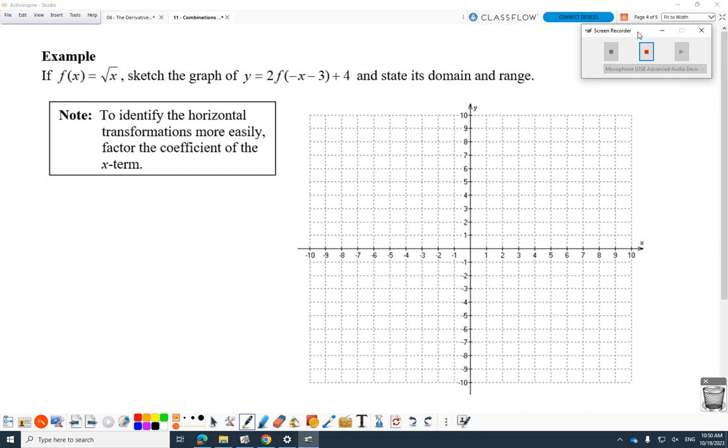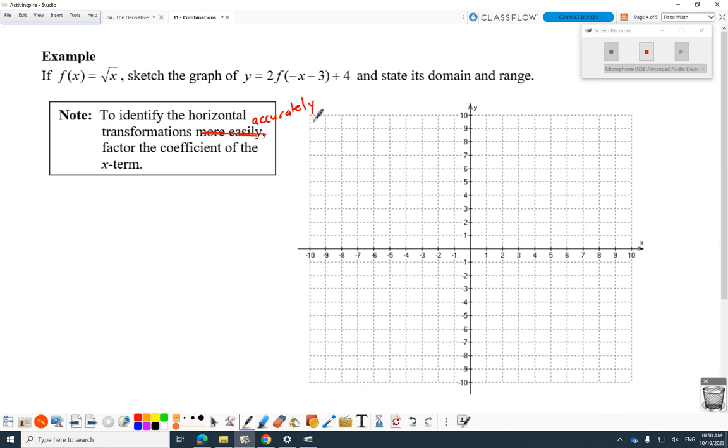And I put a little box here to identify the horizontal transformations more easily. I don't know what I was thinking when I typed that. No, change it right now. Change your note, not more easily. Accurately. And I spelled accurately wrong, which is hilarious in all sorts of ways.